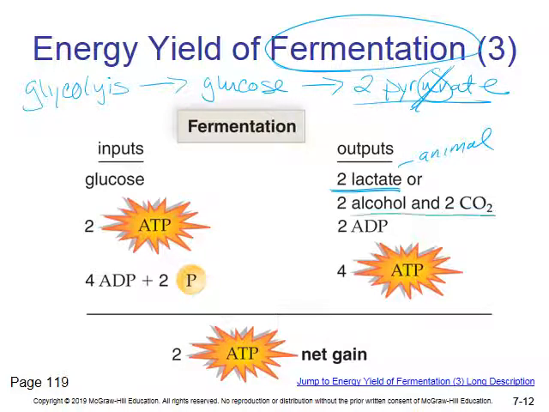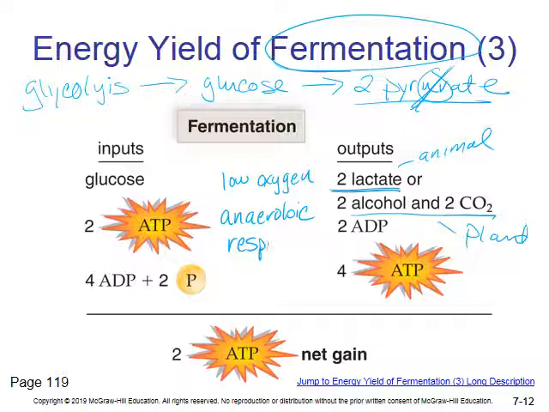If you're a plant, alcohol and CO2, carbon dioxide. So sometimes, let's say if you have low oxygen, so you're in anaerobic respiration, you're going to create lactic acid.